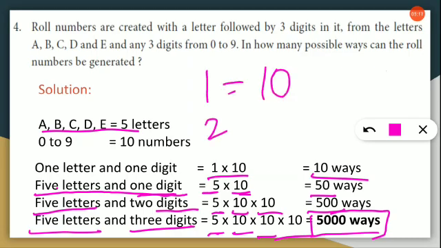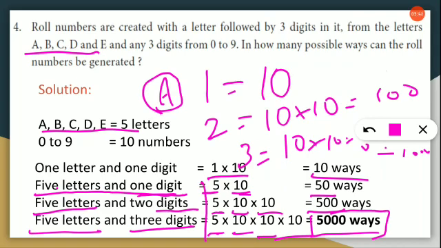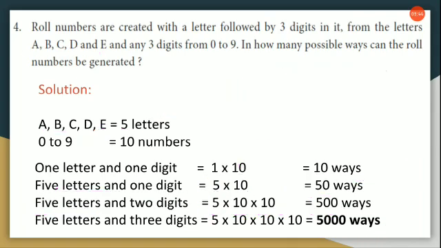If it is for 2 digit, we will have 10 into 10, 100 ways. For 3 digit, 3 times you will multiply 10 and say it is 1000 ways. Since there is a letter before here, because A, B, C, D and E is given, you are going to have 5 more options before that number. That is why we are multiplying with 5 here. Clear, children? Shall we move on to the next sum?